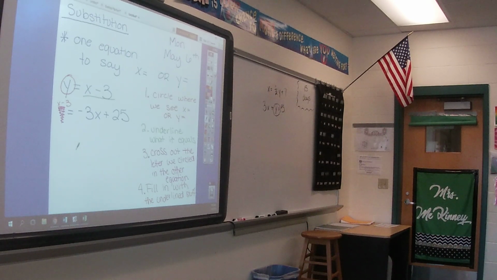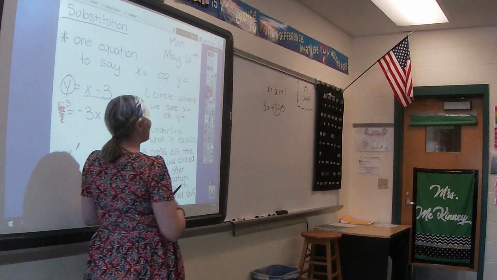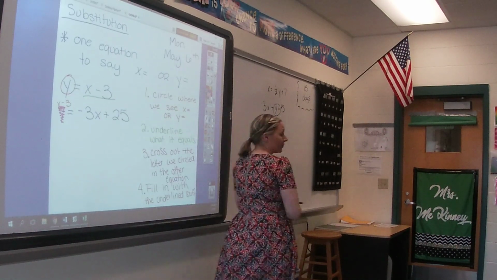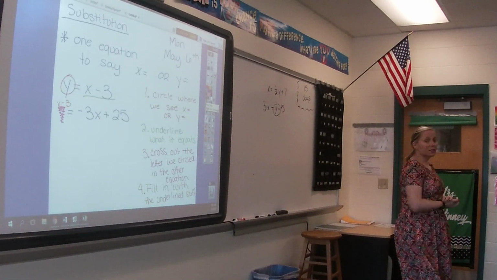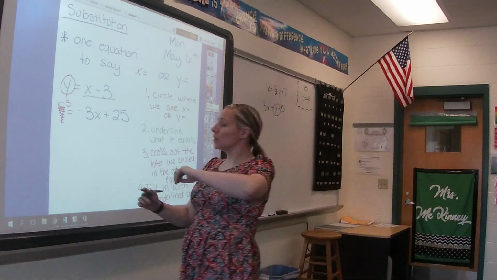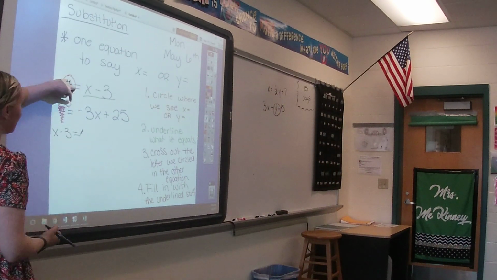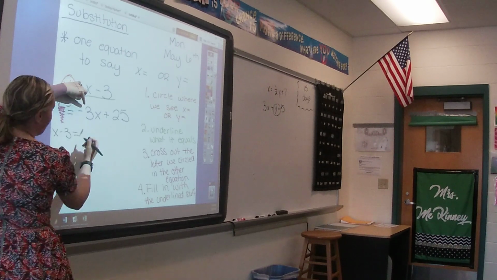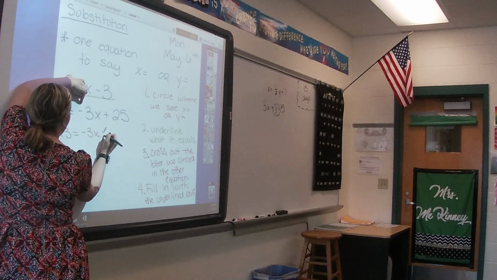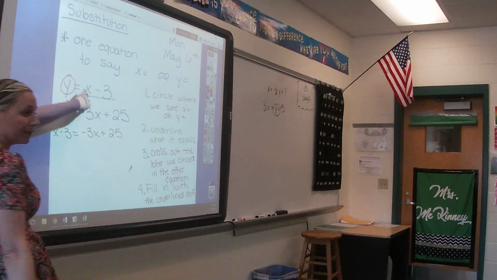Once we do that, we now have something that we know what it says. So this now says x minus 3 equals negative 3x plus 25.